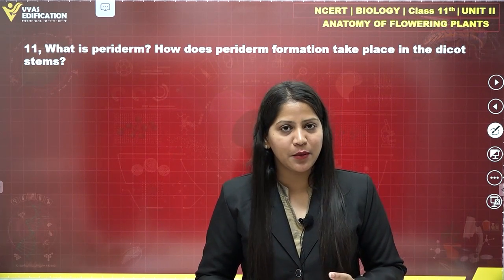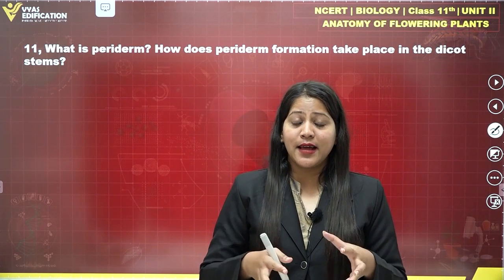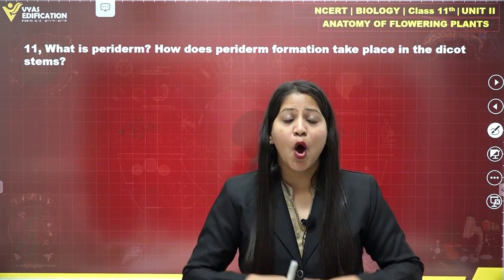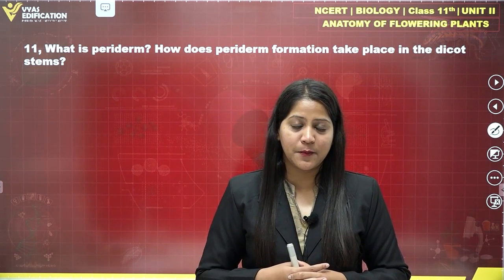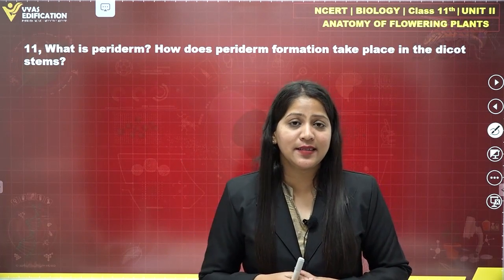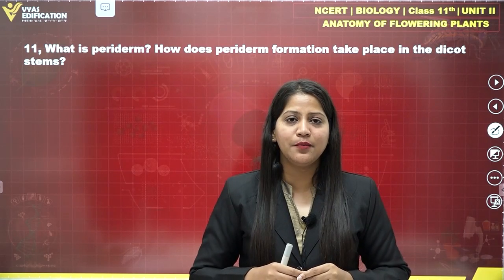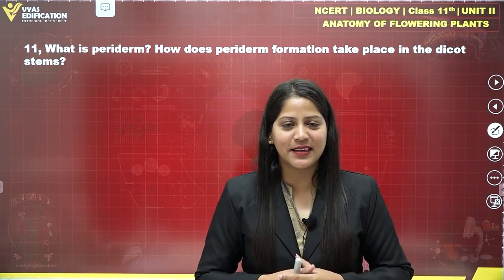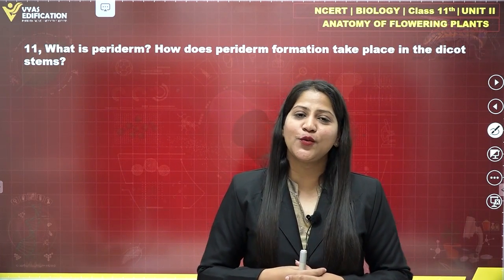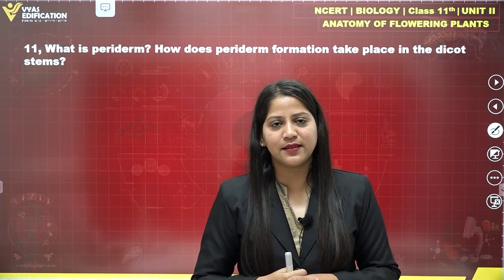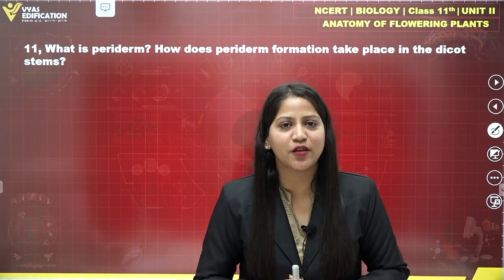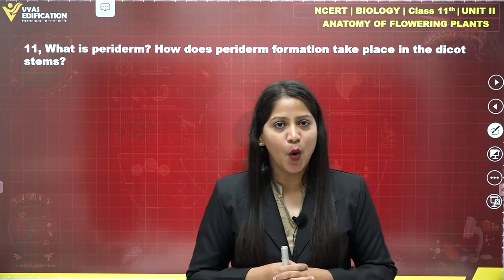The cells formed on the inner side by phellogen are known as phelloderm or secondary cortex. The phellem layer has some aerating pores at some places, known as lenticels, which help in gaseous exchange but are impervious to water.